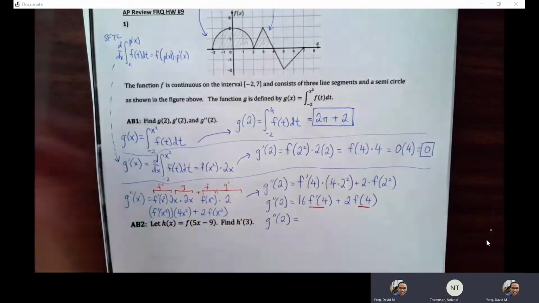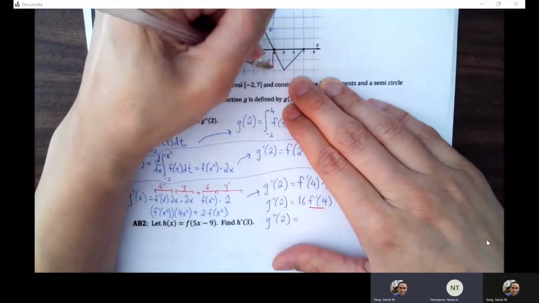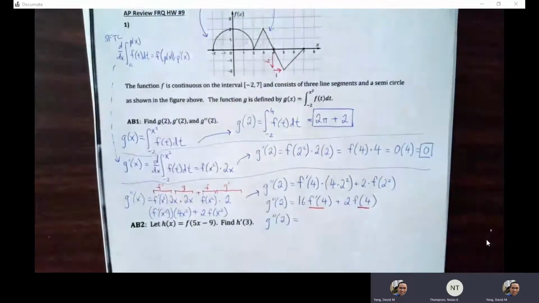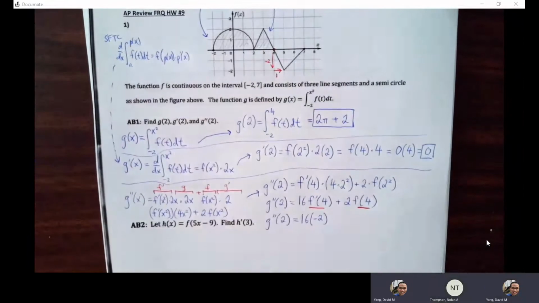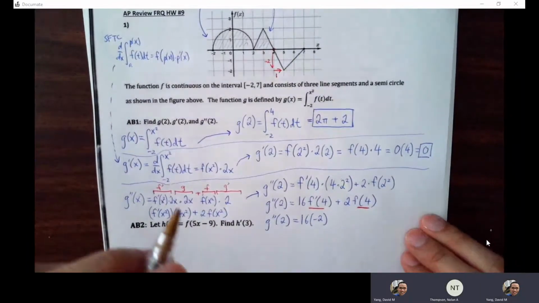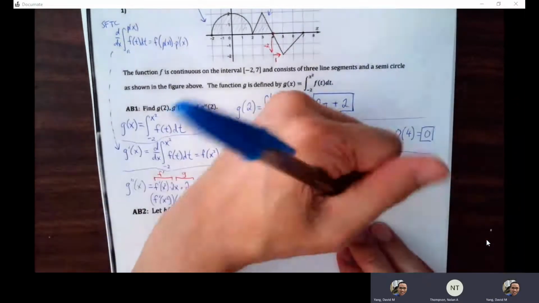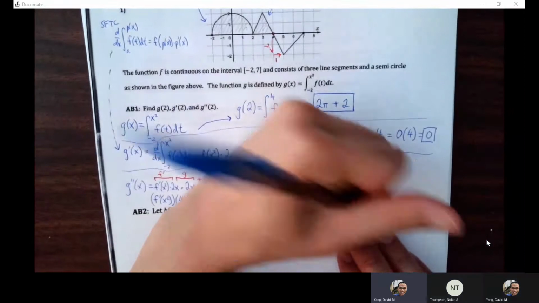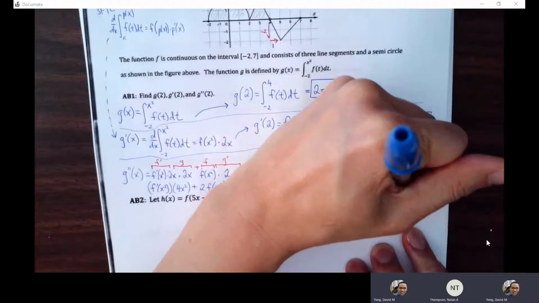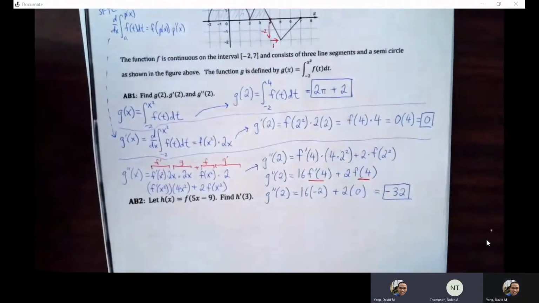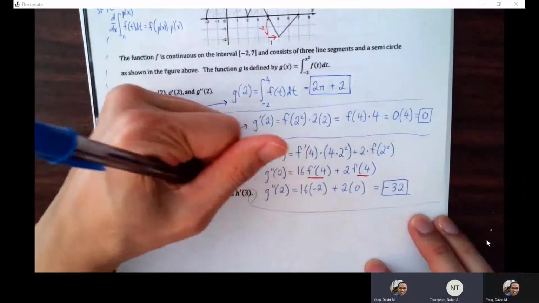Which is negative 2. Plus 2 times 0. Just negative. Right.